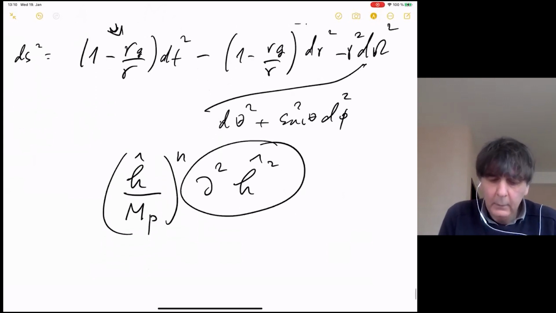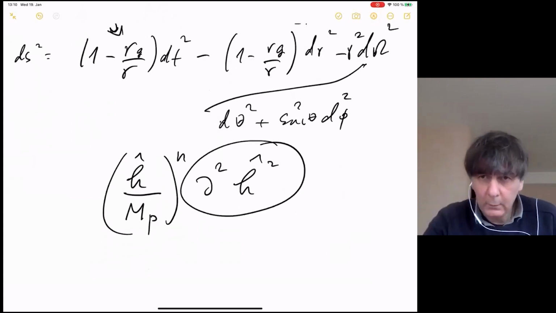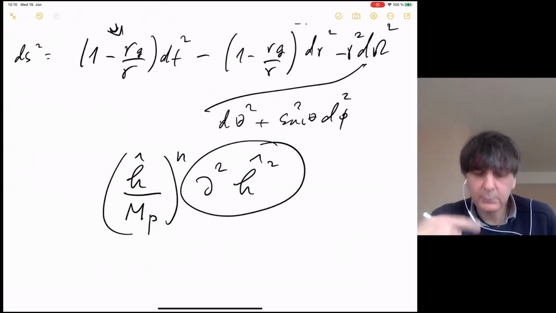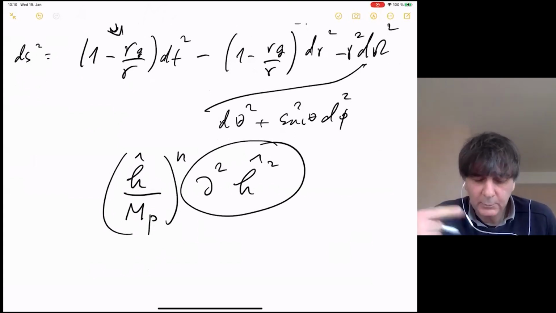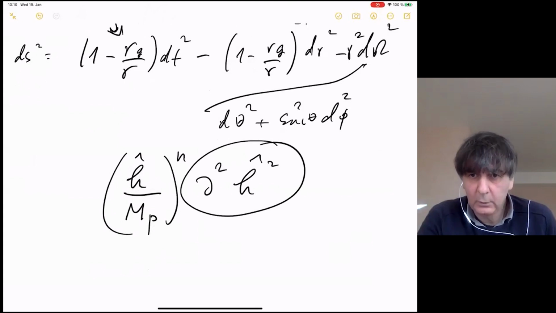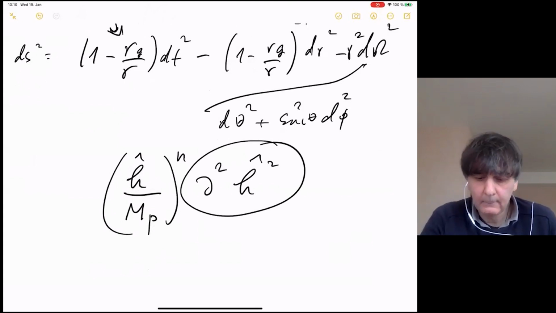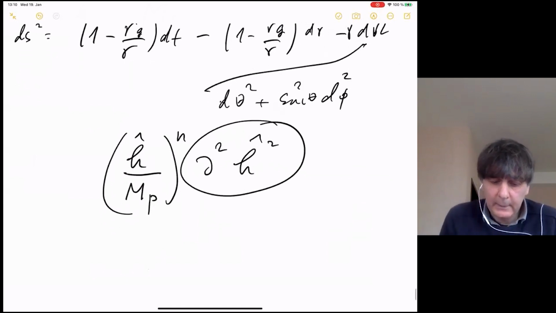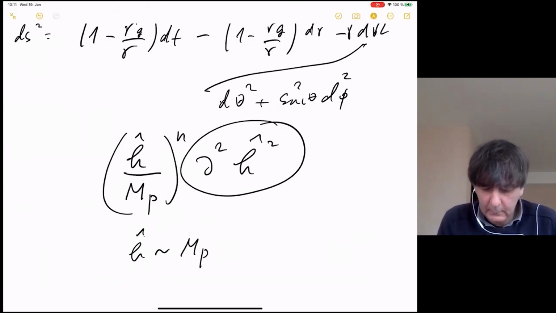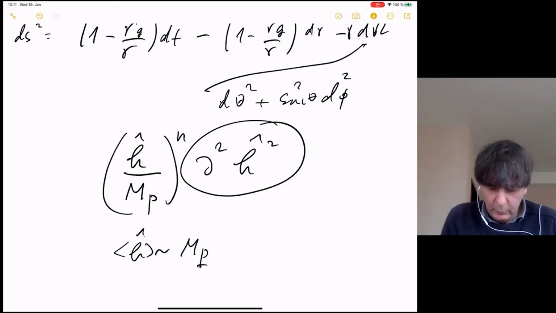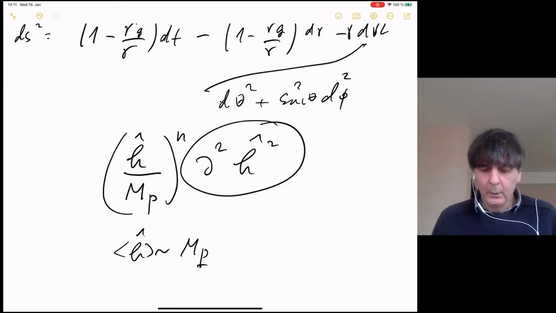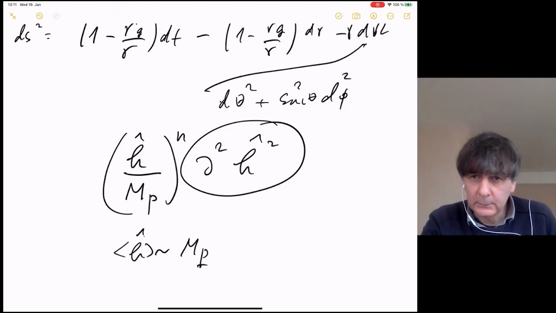Then each power of ħ, so each power of h, the canonically normalized graviton, is accompanied by 1 over m Planck. And it is clear that once h becomes of order m Planck, either in classical language or as a quantum expectation value, all the nonlinear terms become equally important.